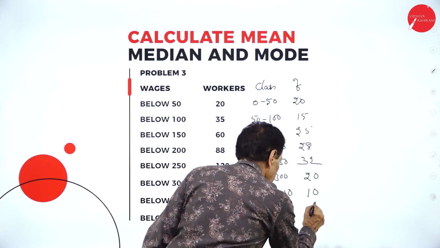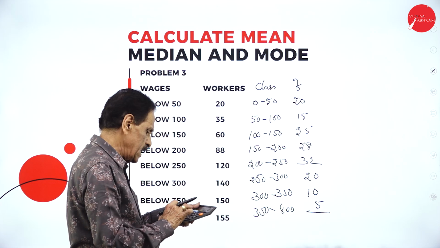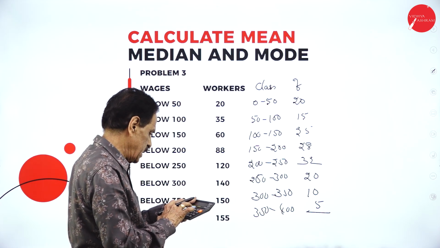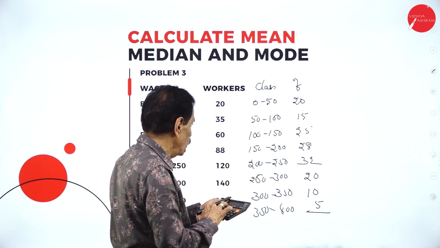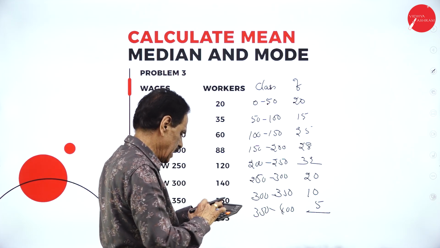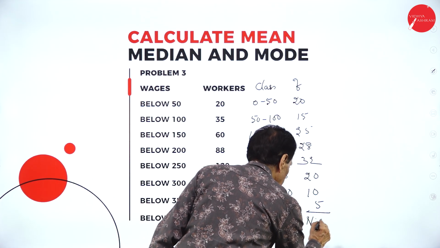This is 5. Add the frequency: 20 plus 15 plus 25 plus 28 plus 32 plus 20 plus 10 plus 5 is 155. This n is 155.